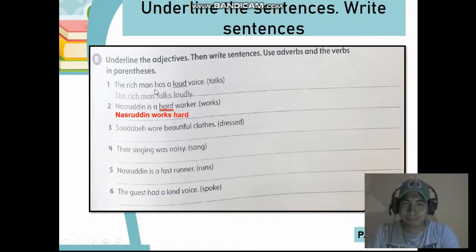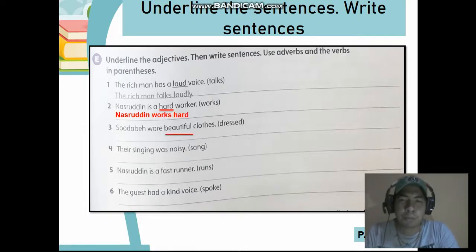Well done. Sentence number 3 says, I think it's a name, Sodabe. I think it's the correct pronunciation. Sodabe wore beautiful clothes. And the verb in parentheses is dressed. So what do you think is the adjective?